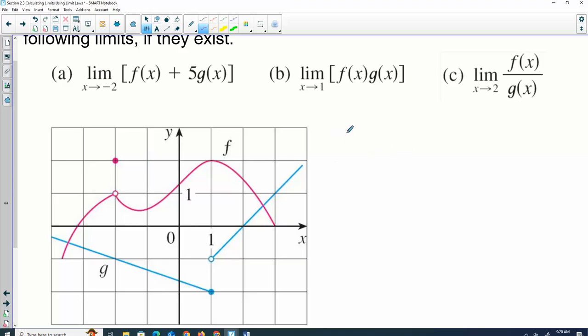So the limit as x approaches negative 2 of f of x plus 5g of x. Okay, that's kind of complicated, but based on the limit laws, it says we can do the individual limits. So I could do the limit as x approaches negative 2 of f of x. And I could do the limit of this one, but what would I do with my 5?